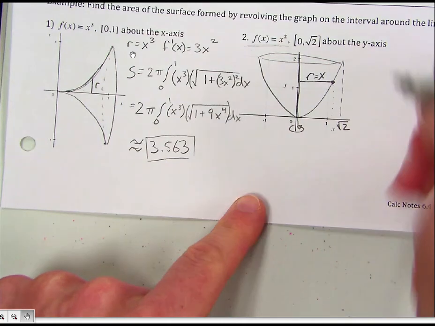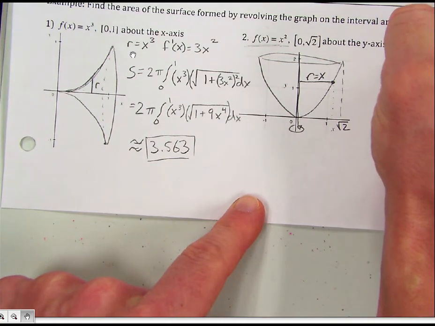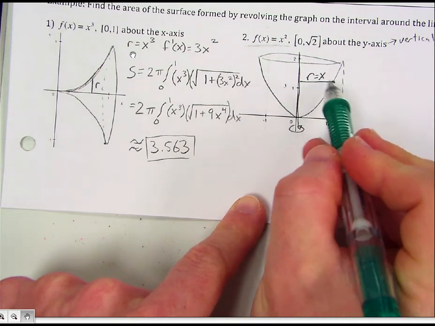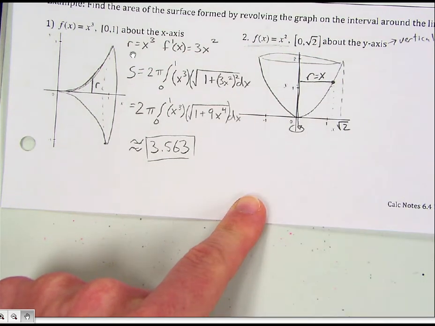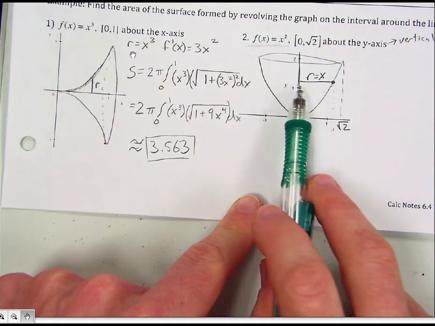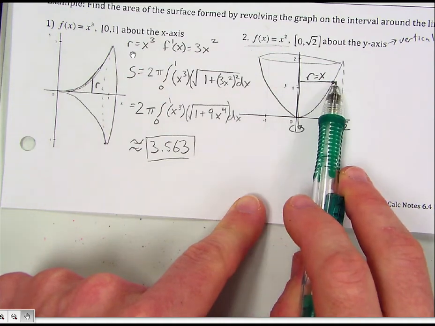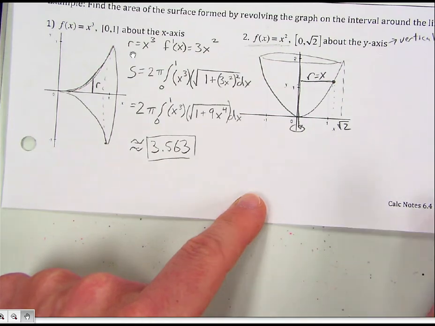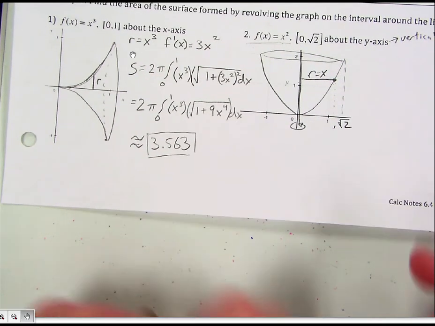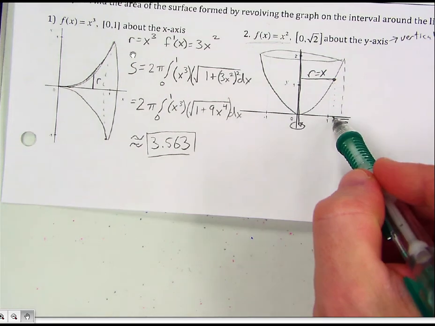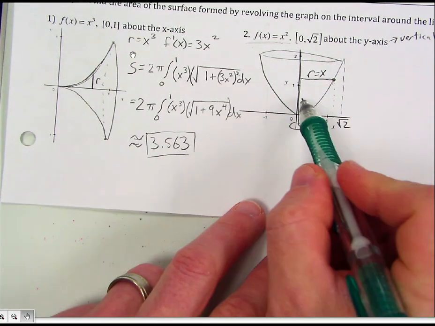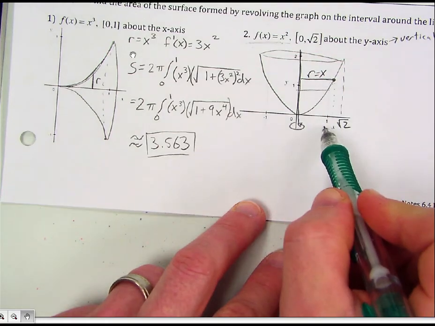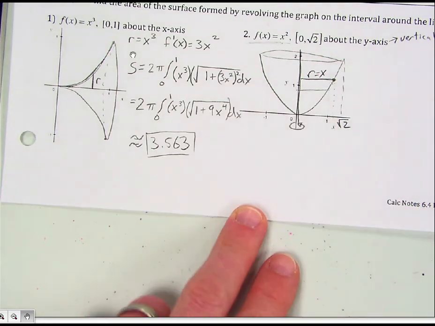Okay, so y-axis is vertical, and so the radius is going to be x. Because it's the distance from here to here, and that distance is x. Right? It corresponds to the x value down here. So if I went from here to here, the radius would be 1. Okay, so it's going to be x all the way along there.